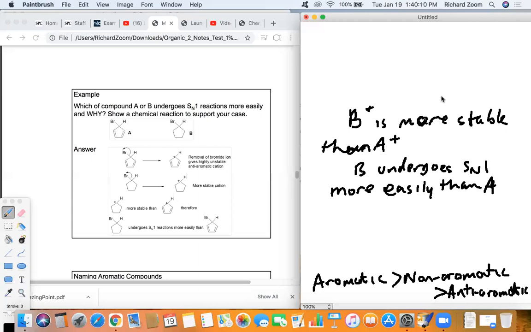I basically set the rate equal to K and the two molarities, but I didn't show K equals the rate divided by the molarities. Well, I'd have to look at it. As long as it's clear what you're doing, then I'm okay. Okay, I'll send you a picture of that.